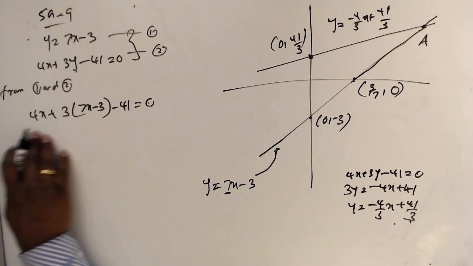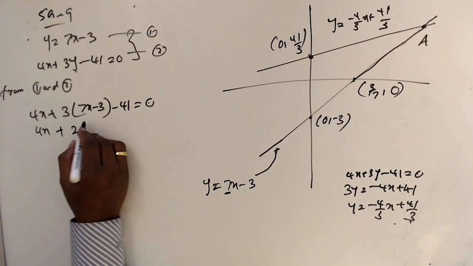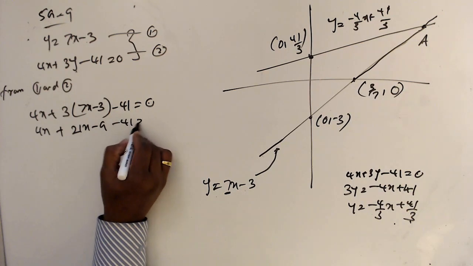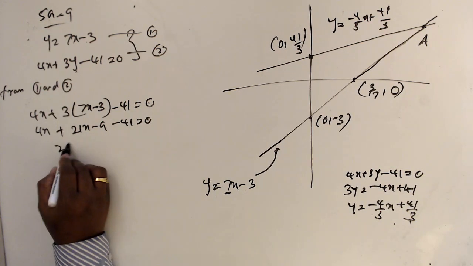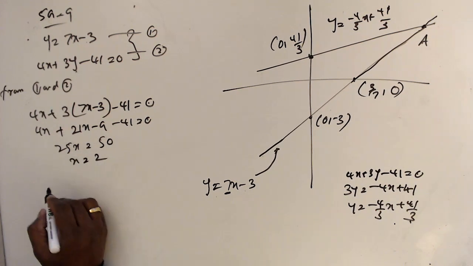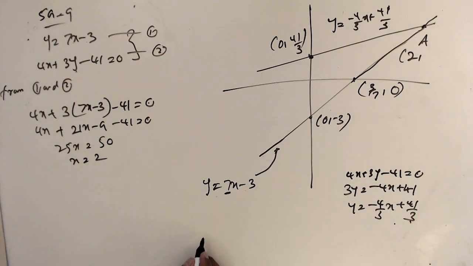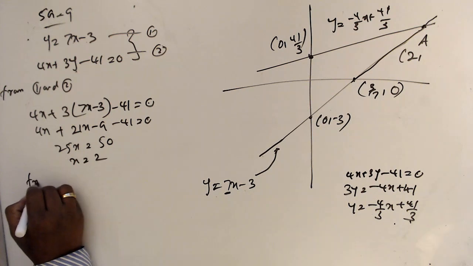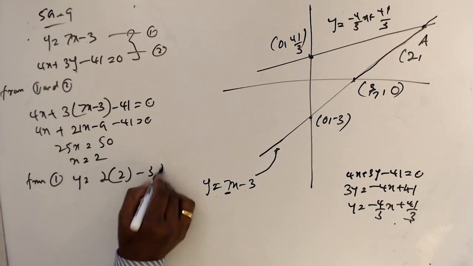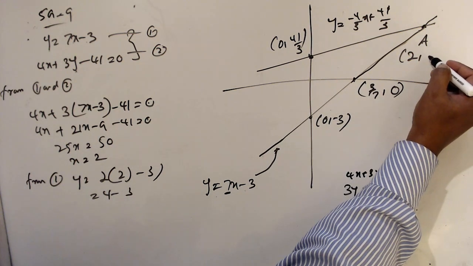Now it is an equation with x. 4x plus 21x minus 9 minus 41 equals 0. 25x equals 50. x equals 2. Okay, the x coordinate of this one is 2. Then from 1, y equals 2 times 7 minus 3, 14 minus 3, which is 11.